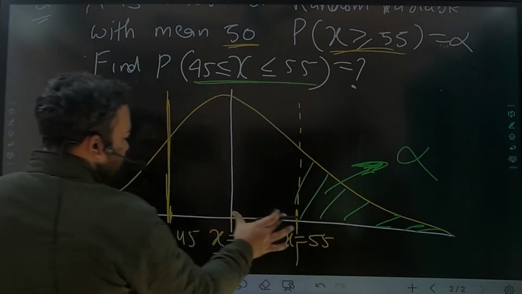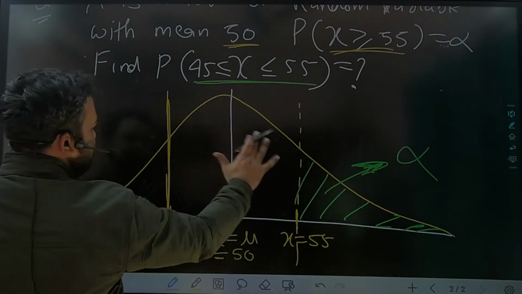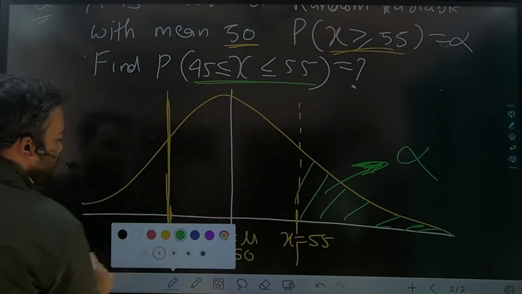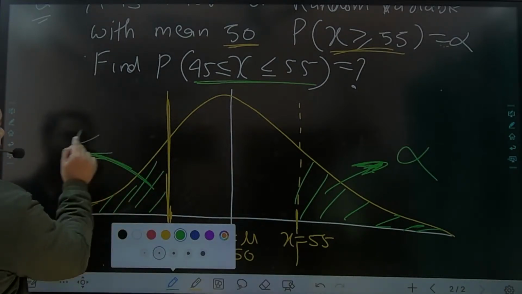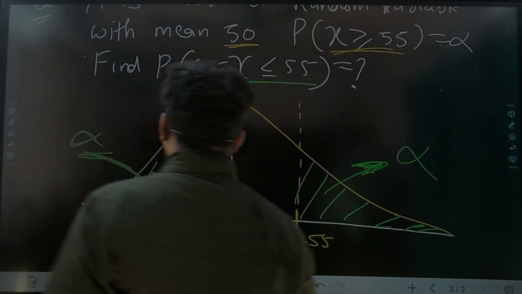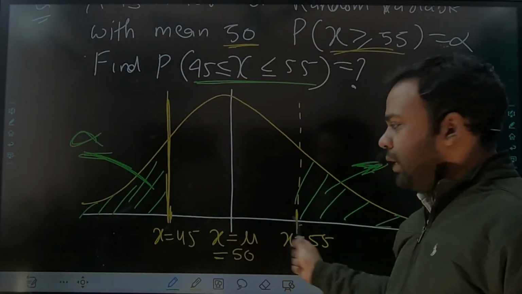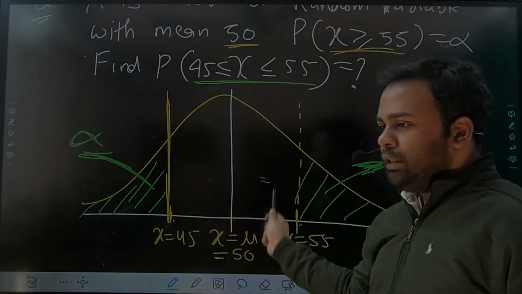How much you go this side, that much you go this side, so equal coverage of area. So this area will also take the value of alpha because of its symmetrical curve. You go 5 units ahead, 55; you go 5 units behind, 45. So this area is equal.